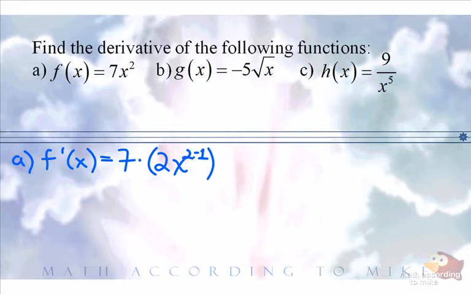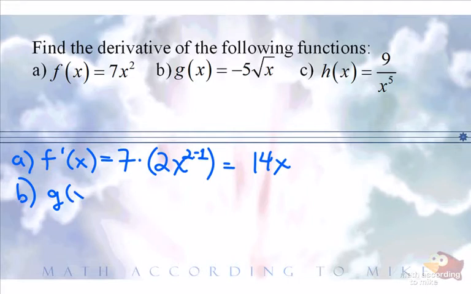So what's our new exponent? 1. So this is essentially 7 times 2x, which is 14x. The shortcut would have just said 2 times 7 and then take 1 off the exponent. Okay? So you don't have to break it up, but that's what that rule is saying.